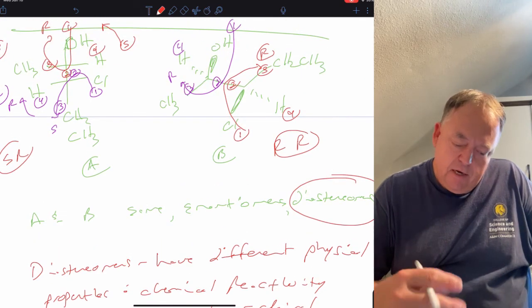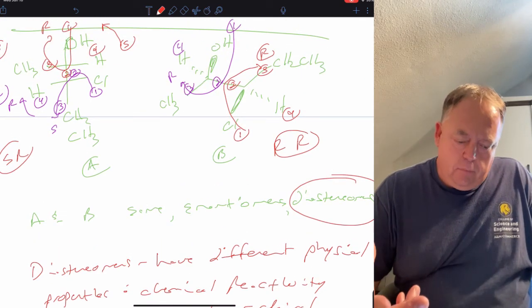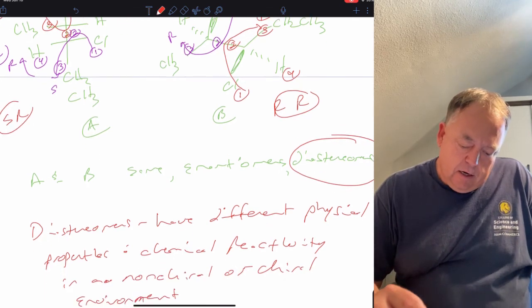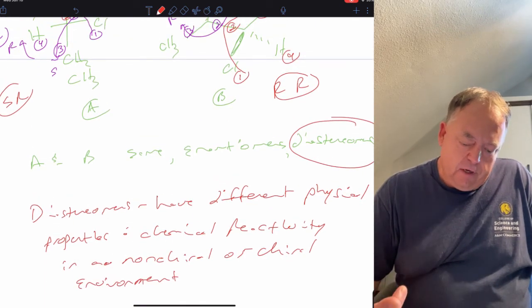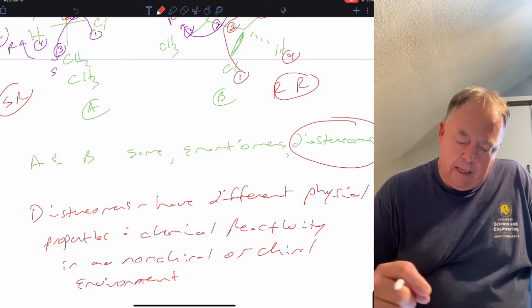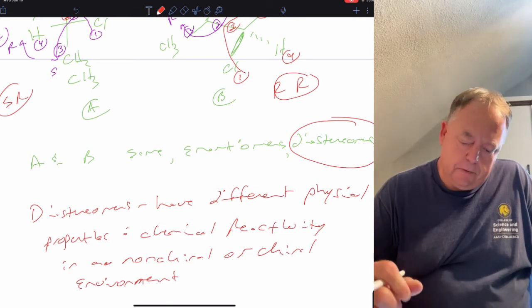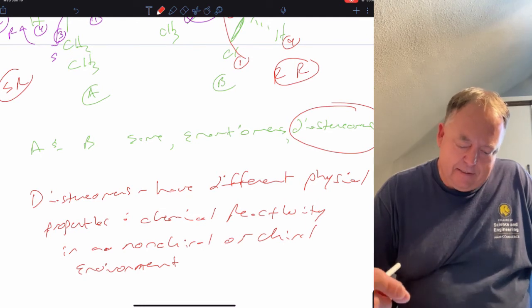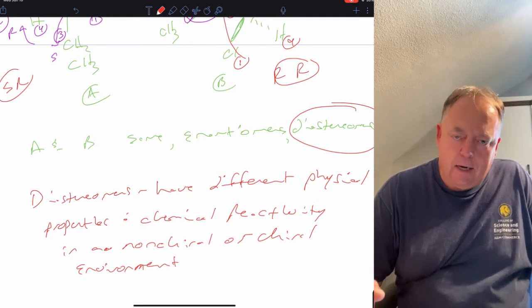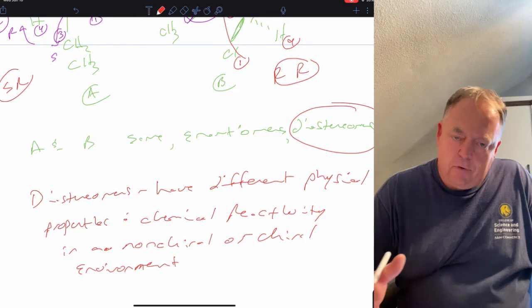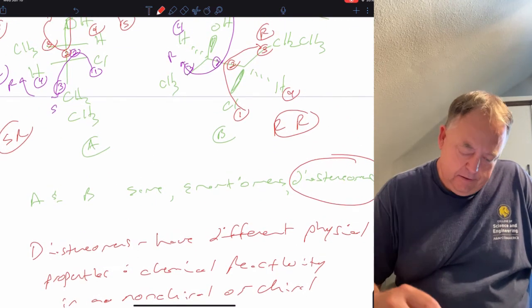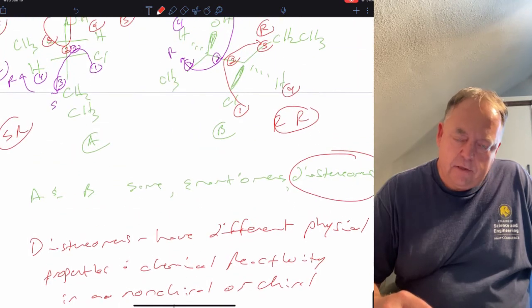So A and B, if they are liquids, they could have different boiling points. If they are solids, they could have different solubilities. So diastereomers, therefore, can be easy to separate, unlike enantiomers, which have the same physical properties. And diastereomers also have different chemical reactivity. And it doesn't matter if the environment is chiral or non-chiral. They can react differently. They don't have to react differently, but they can. And usually in a chiral environment they would.